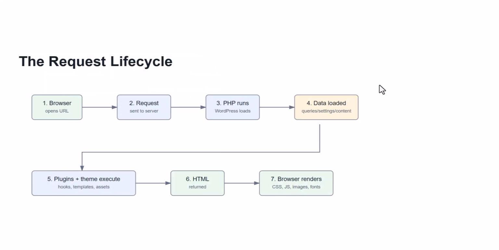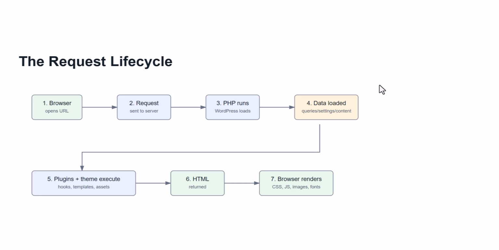Let us start with the high-level flow. A visitor opens a URL in the browser. The browser sends a request to the server. The web server receives that request and hands it to PHP. PHP runs WordPress. WordPress loads core, plugins, the active theme, and data from the database. Then WordPress returns HTML.